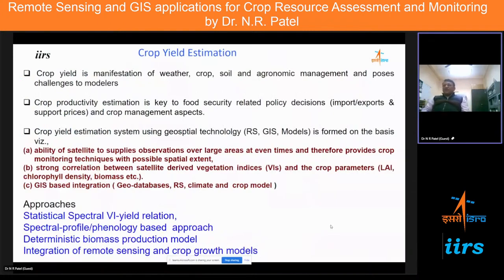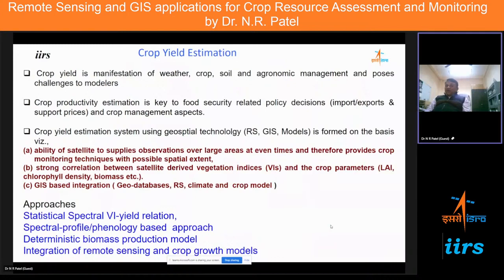Nowadays one basic source of information is remote sensing data. Crop yield is nothing but crop production per unit area. This is called crop productivity. And crop productivity depends on weather, crop, soil, and agronomic management, and it imposes a great challenge for modelers. It is very difficult to model crop productivity.